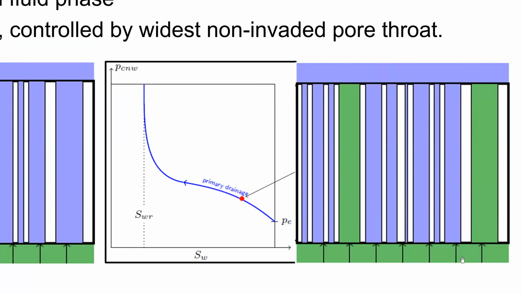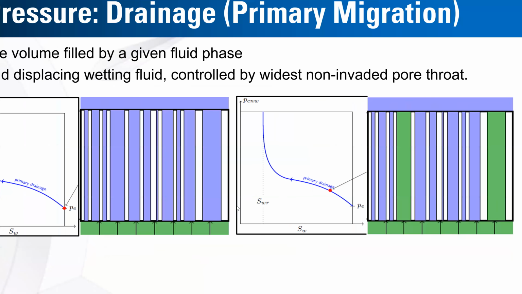Second, the oil will be forced into pore spaces or pore throats or capillary tubes with smaller radius, like this one, this second point.